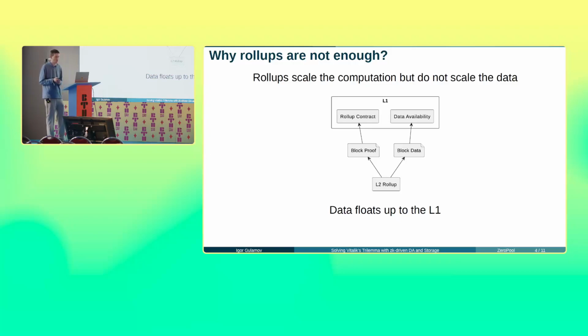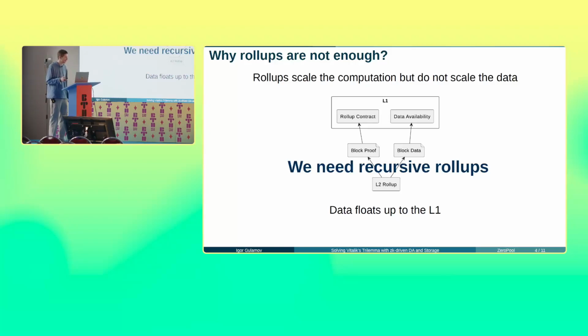Also, current data availability solutions store the data for just a small time frame, and then the users should store the data by themselves, or they should trust off-chain third parties who do it. We need recursive rollups to solve Vitalik's trilemma, and we need to solve this issue of floating up the data.